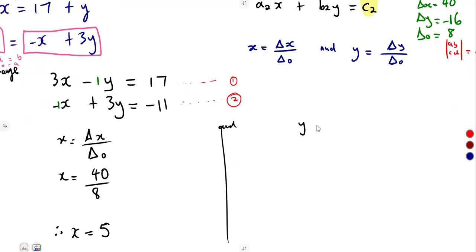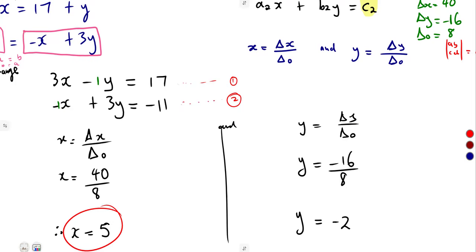And y will be equal to delta y over delta naught. Delta y is negative 16 and delta naught is 8, so y is equal to negative 2. These are the values of x and y that we obtain, which you can prove by substituting into the given equations. You can prove that the left-hand side is truly equal to the right-hand side.